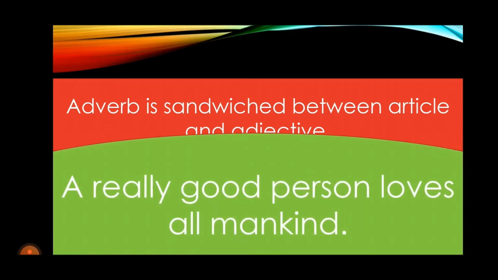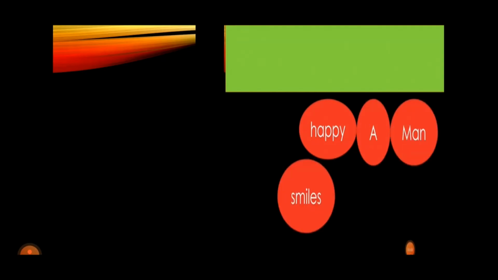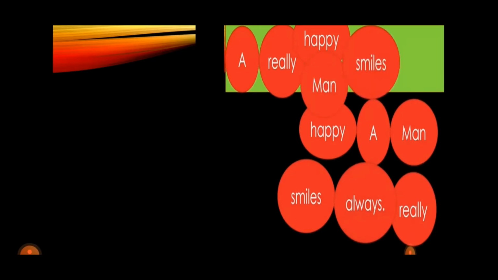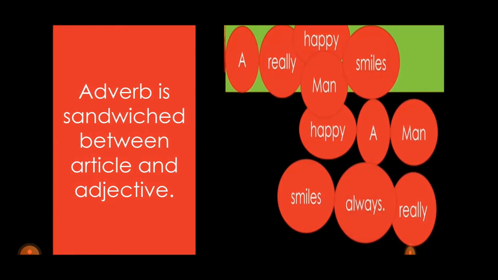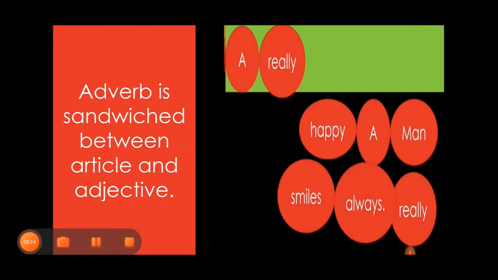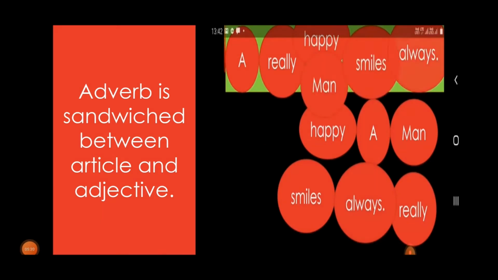Now you'll see: a really happy man smiles always. So here you see the adverb is sandwiched between the article and the adjective. This is what you need to know, my dear students and my dear friends. It's so interesting, right?